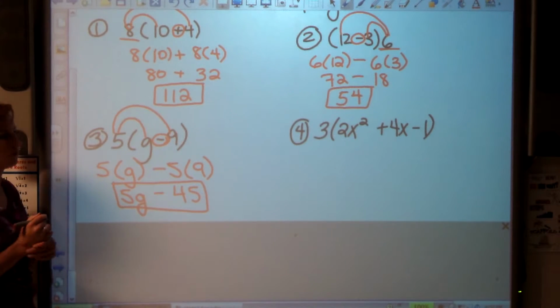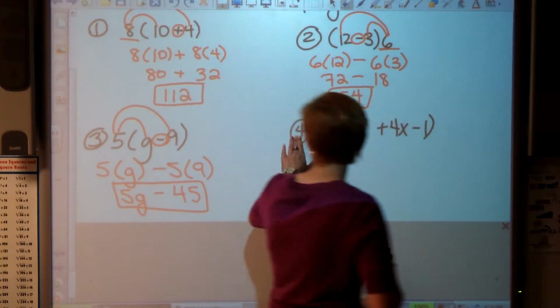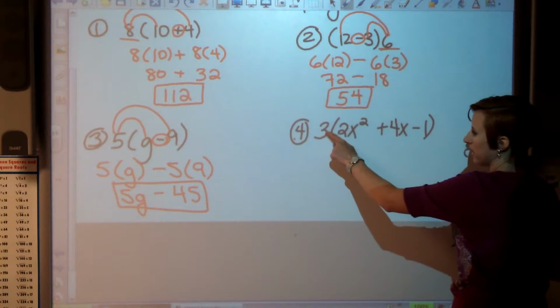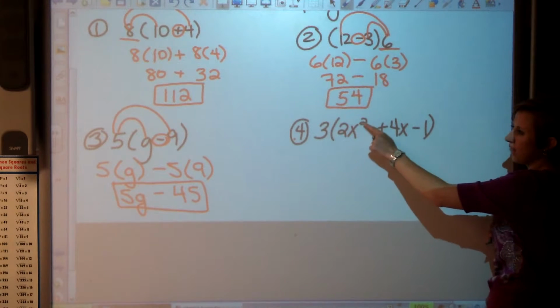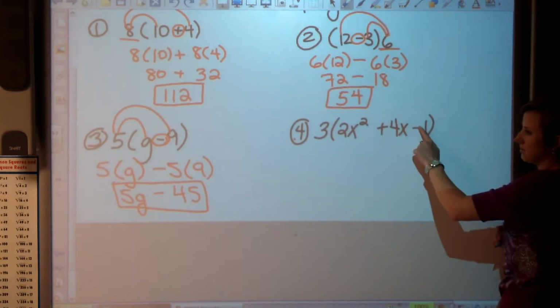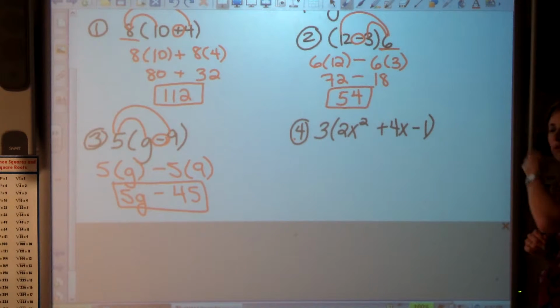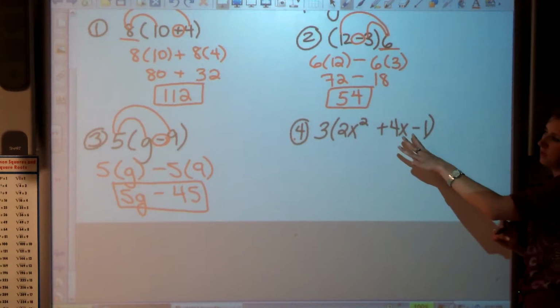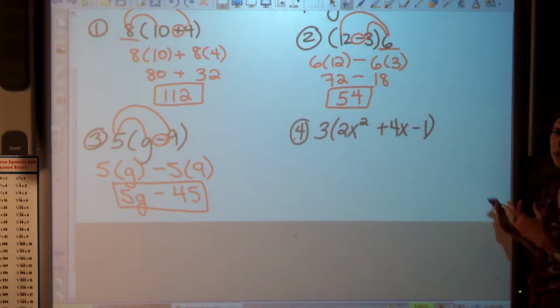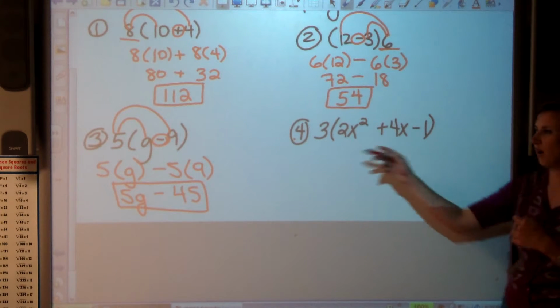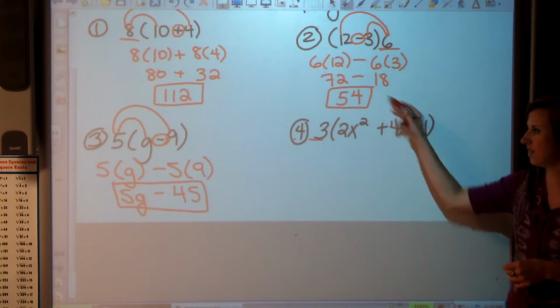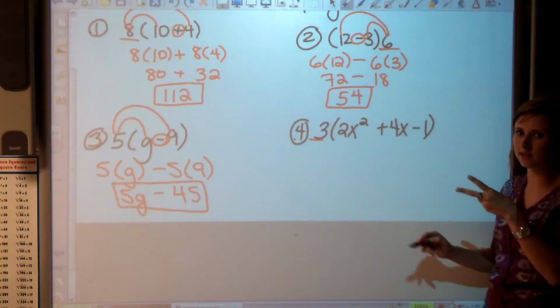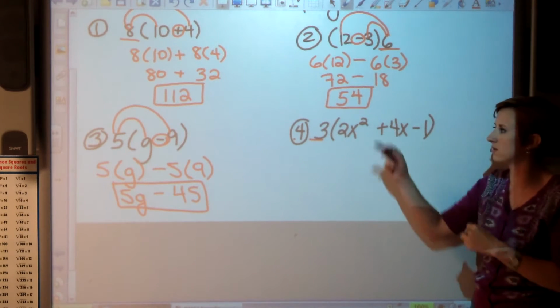All right, the number 4, I have 3 and then parentheses 2x squared plus 4x minus 1. Okay, so I have 3 terms in this parenthesis, but I can still do it because once again, we're just going to distribute our outside term of 3 to everything inside. So instead of doing it twice, I'm going to distribute 3 times.